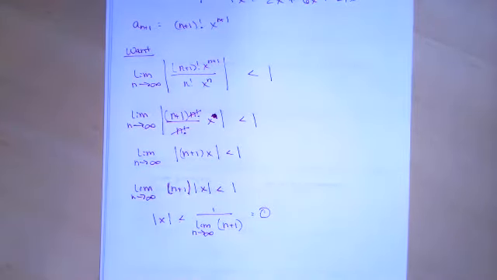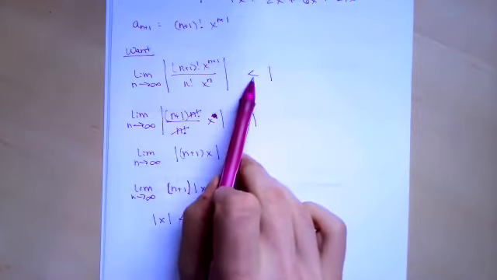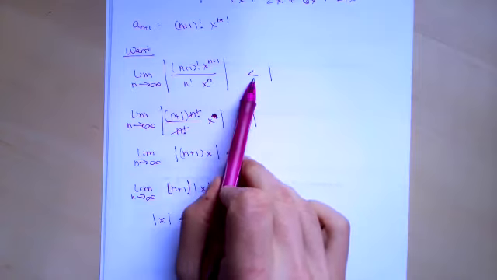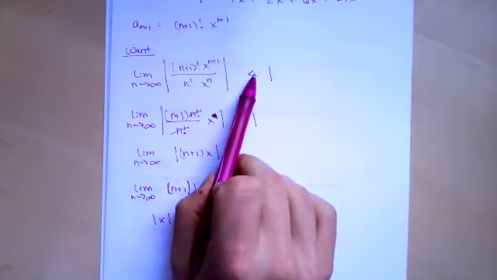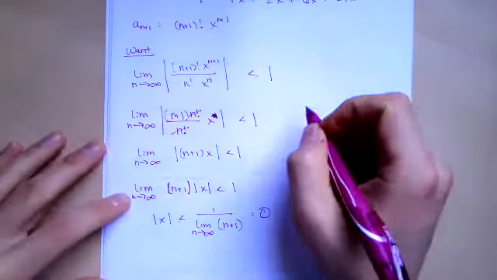This is actually a weird vacuous statement at the moment, because by the ratio test we want strictly less than 1. When it's equal to 1, it's inconclusive, and equal to 1 could go either way. Unfortunately, now I have a number whose absolute value needs to be strictly less than 0, which is not possible.